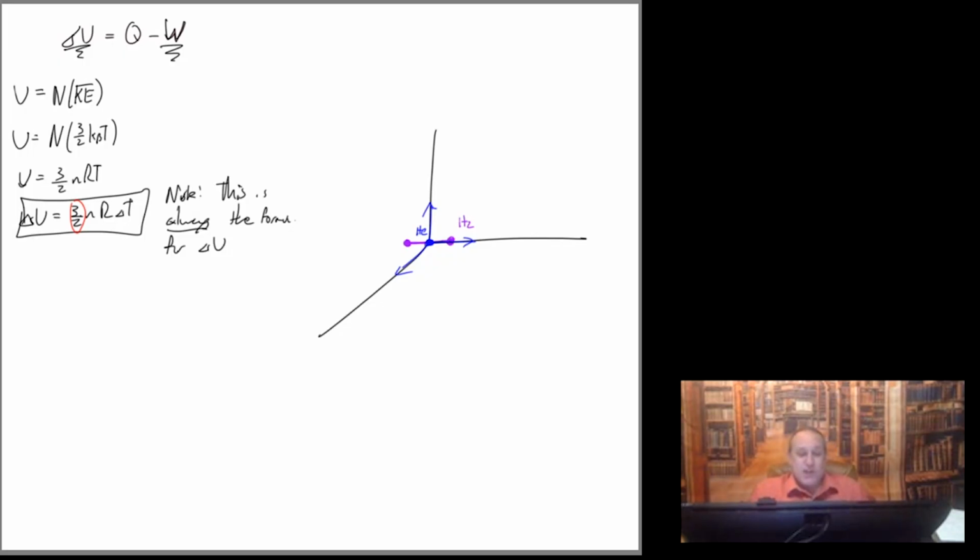So the hydrogen can move in the z direction or in the x direction or in the y direction, just like the helium. But it can also move in different ways. The hydrogen can, well, it can do this.